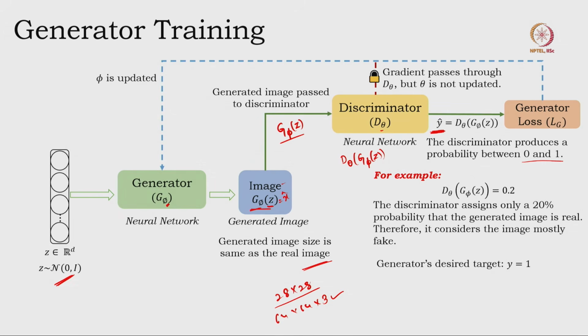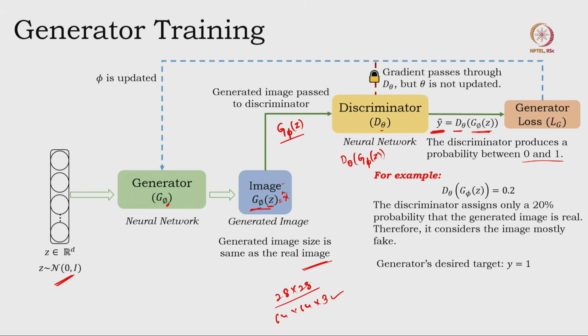The discriminator should tell whether it is a generated image or not. So y hat is the output that the discriminator gives us for the generated input that is passed to it.